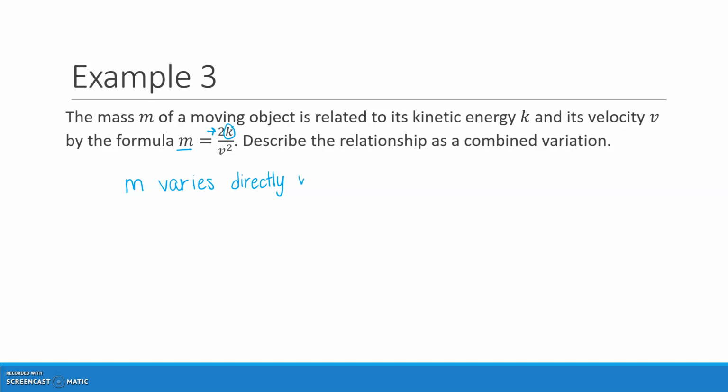M varies directly with k, and divided means inversely with, and we're going to go ahead and put v squared. That would be the relationship that's happening between m, k, and v squared. M varies directly with k and inversely with v squared.